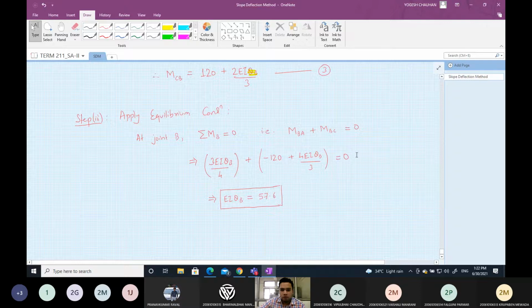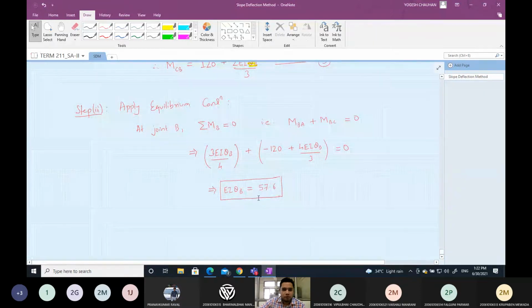So it will be 120 into 12 divided by 25. So this will be 57.6. Now you have found the unknown.